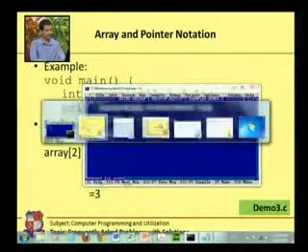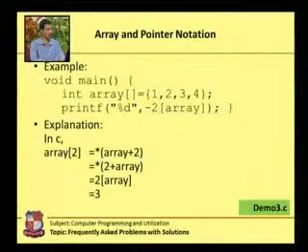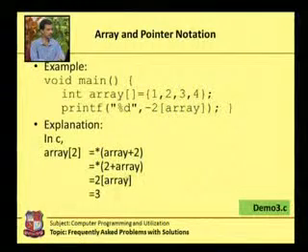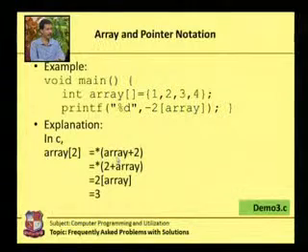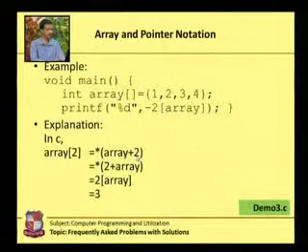This is possible because of array notation. Here array notation is shown. If I write array[2], its meaning is *(array + 2), where array is a pointer containing the starting address, and plus 2 is adding a number of addresses depending upon its type.